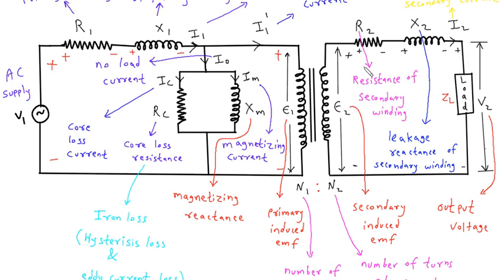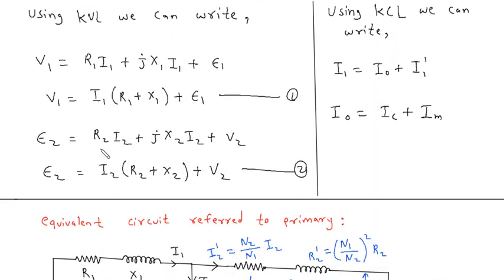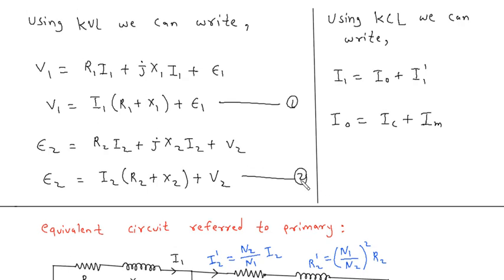Then we get E2 = R2 I2 + jX2 I2 + V2. If we take I2 common, then E2 = I2 (R2 + jX2) + V2. Let us say this is equation number 2.